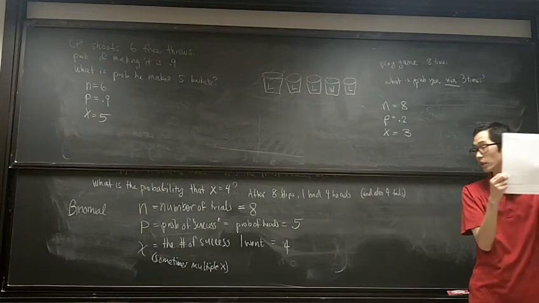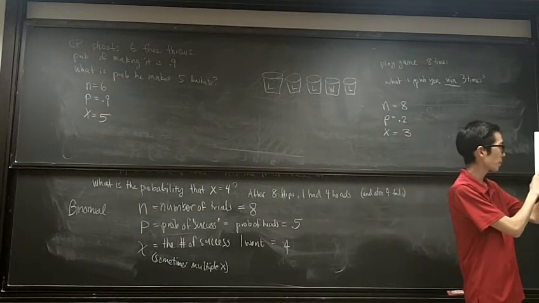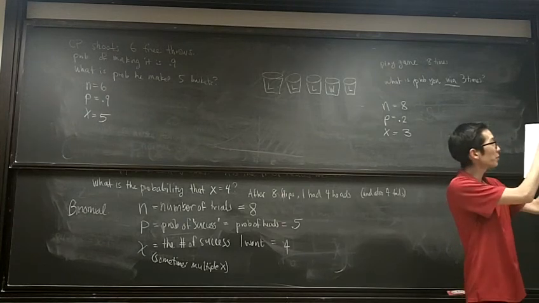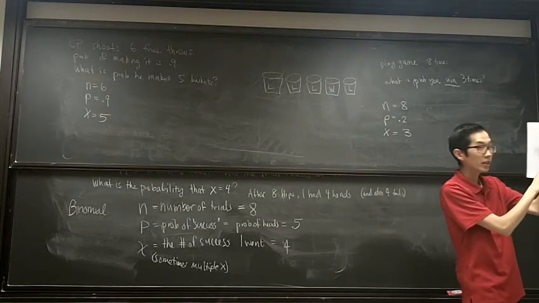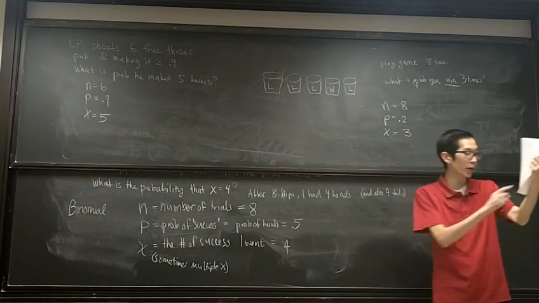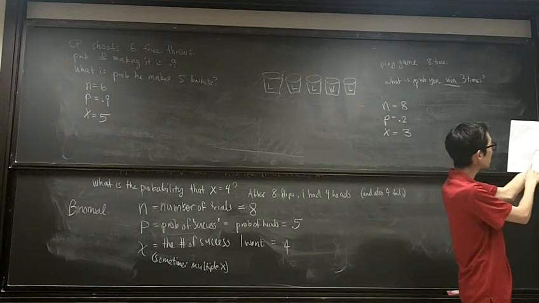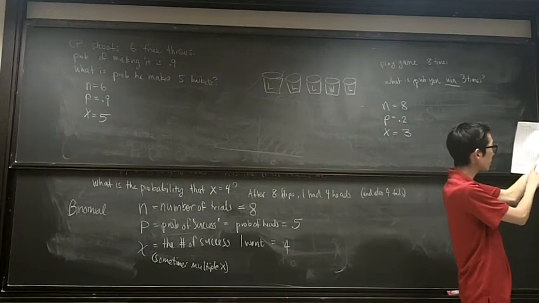Then you go to p equals 0.5, right in the middle. And then we find the specific row with x equals 4. So n equals 8, p equals 0.5, and x equals 4.